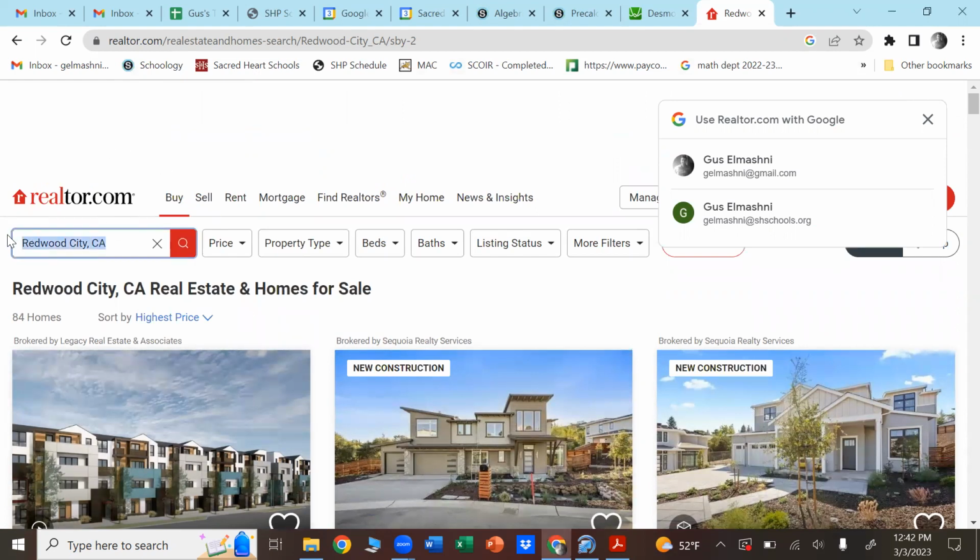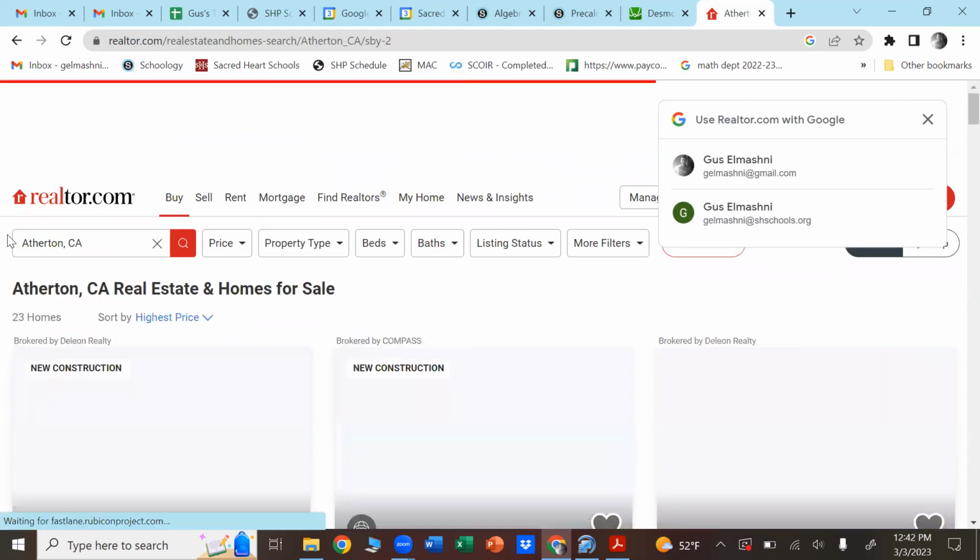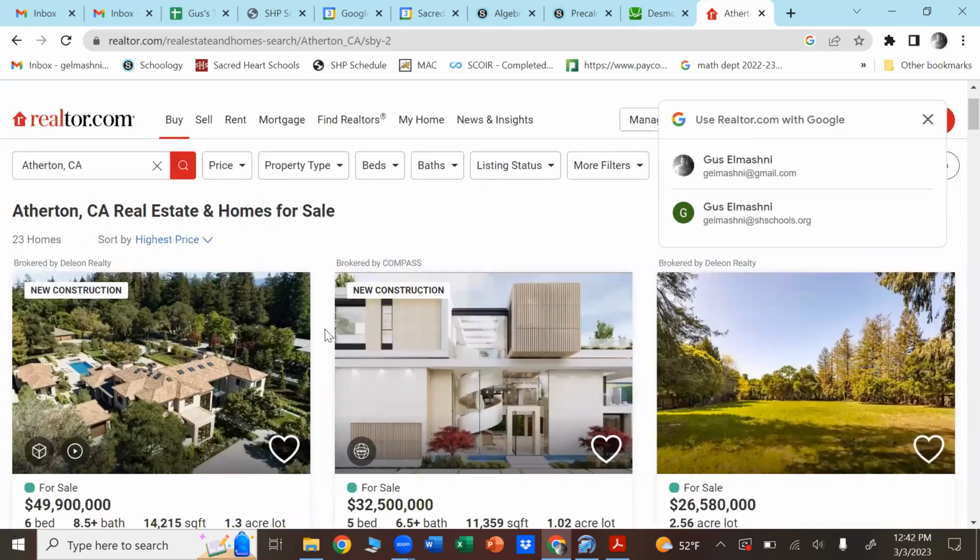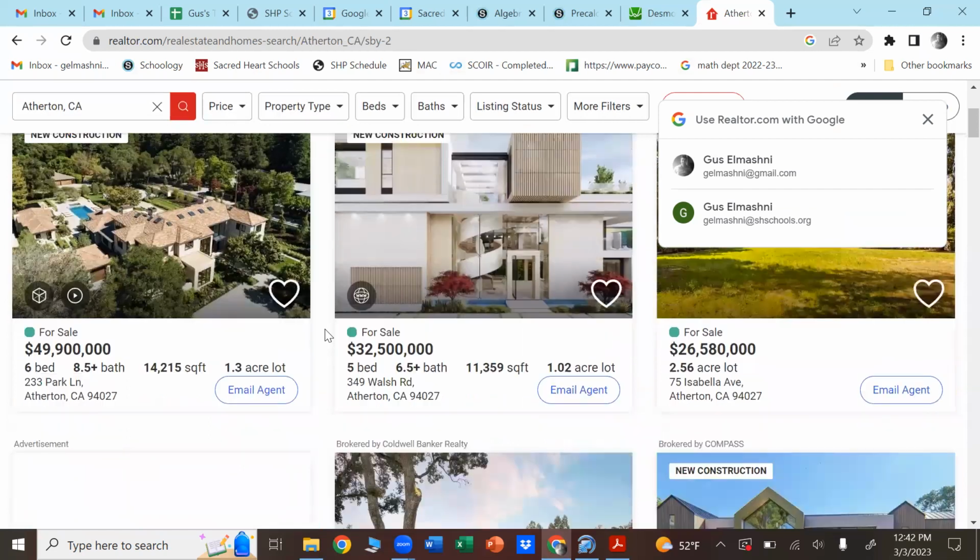But it's always fun. What are homes going for in Atherton? Oh my god, you've got to be kidding me. Atherton, California. Wow. $50 million. That's crazy. Where's this? Park Lane. Yeah, it's just right over here, right?